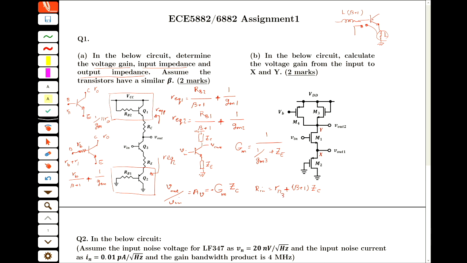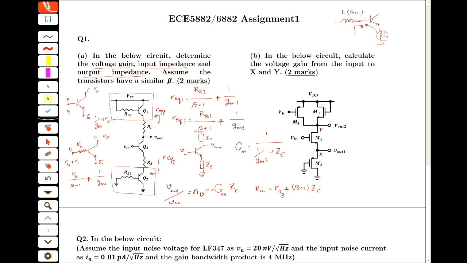Say R pi 3, because R pi are also different. Usually we say that no, but if you assume that they are equal, it's fine.